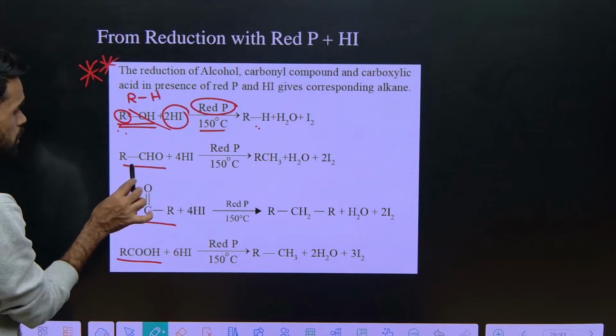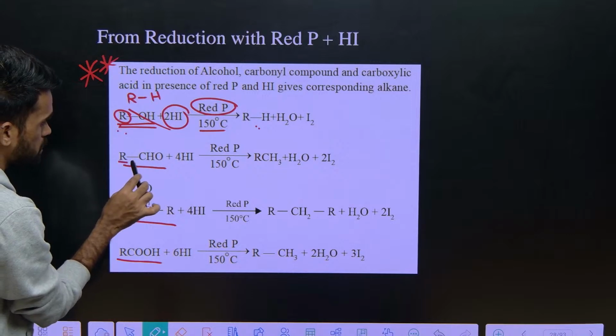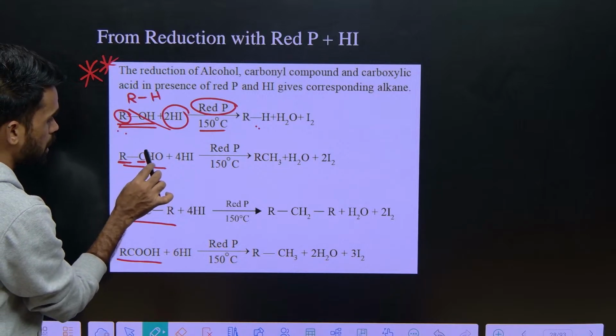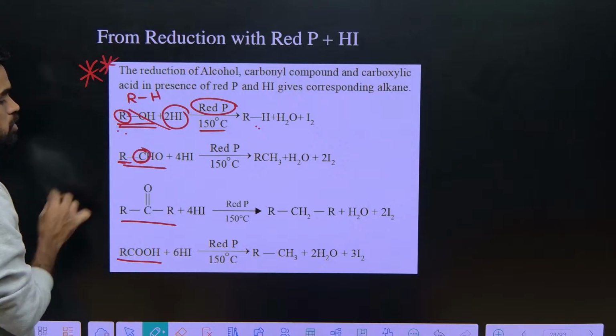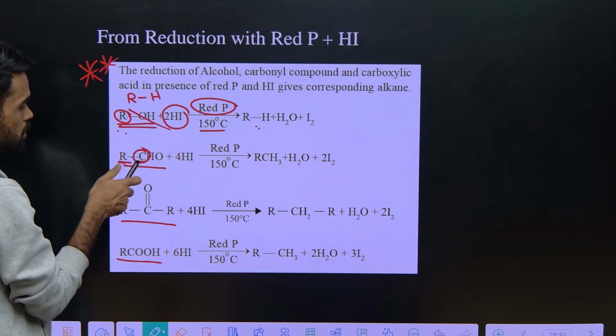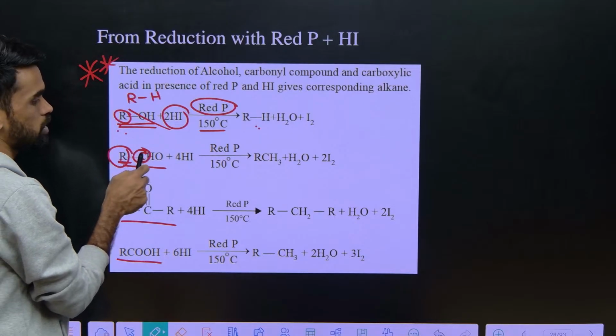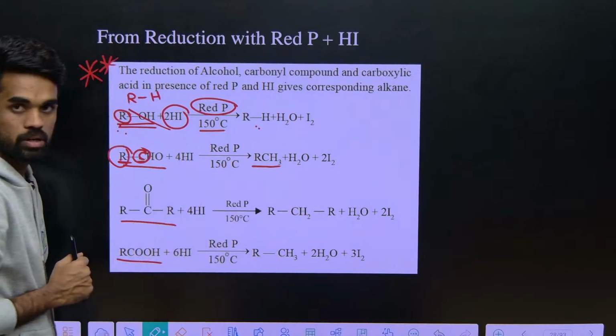Okay, so here also, see how many carbons are there in the R group, one carbon is there. Just convert this carbon into the respective alkyl group. For example, if this is a methyl group, this is a carbon, so 1, 2 carbons, so it gives an ethane-like product.